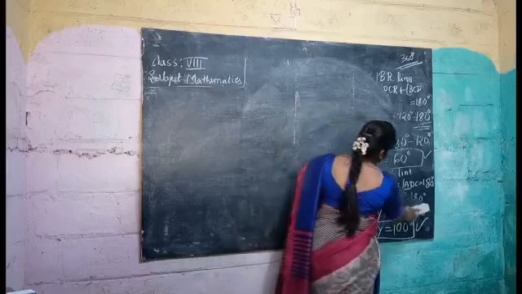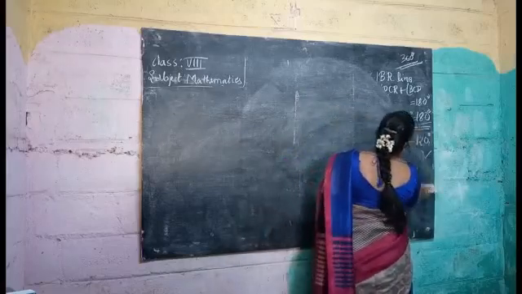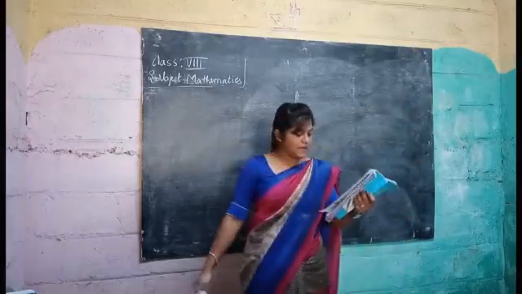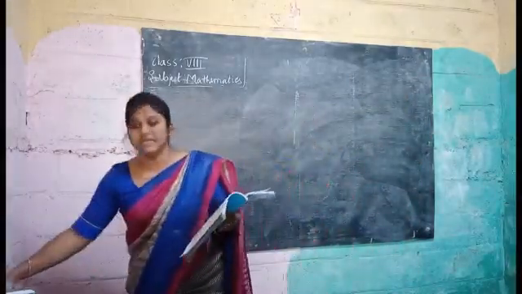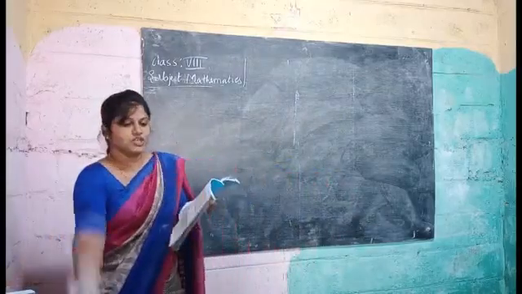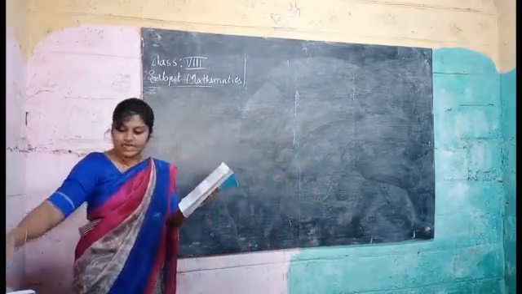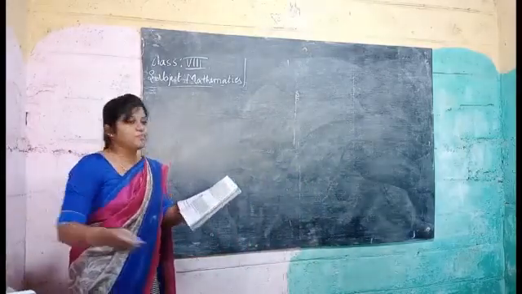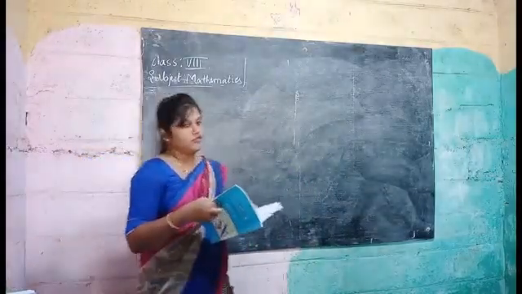The next one. Sum of measures of exterior angles of a polygon. Okay, of a polygon we have to find out.